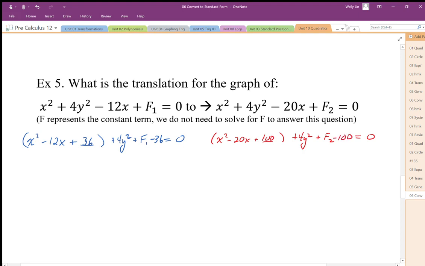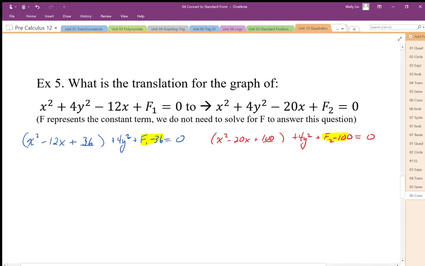In the end, since we can't calculate f1 or f2, they are really irrelevant to the problem. What's relevant is just the shifts, because that's the only thing that's going to change. Here we can't figure out what's changing because we don't even know what f1 and f2 are, so I'm just going to ignore that part.